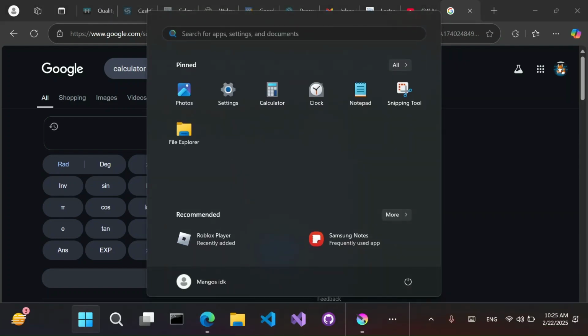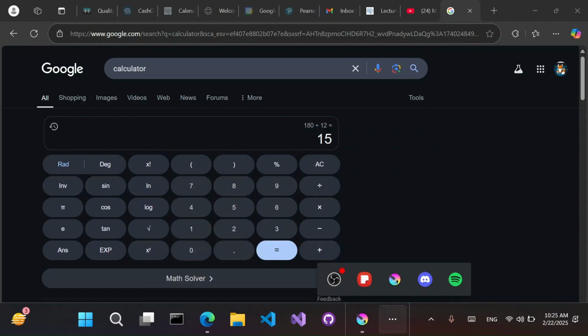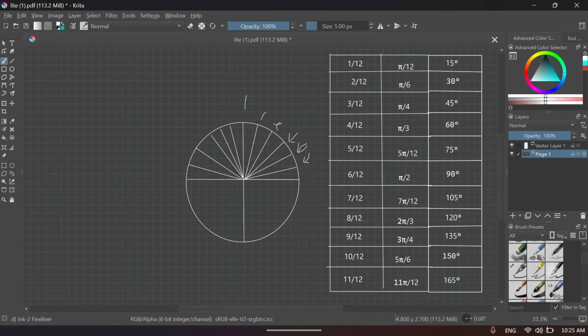Now let's say instead you decide, I want to keep on going. So pi over 6, divide 180 by 6, 30 degrees. 3 over 12, that's pi over 4. 180 by 4, 45, so on and so forth.